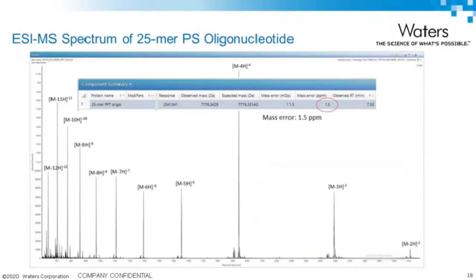The ESI-MS spectrum of the 25-mer oligonucleotide is shown here. Again, we see the same features, the bimodal distribution, typical for ion pairing reverse phase chromatography. When the spectrum was deconvoluted using base pair deconvolution in Waters Connect, the error was 1.5 ppm.